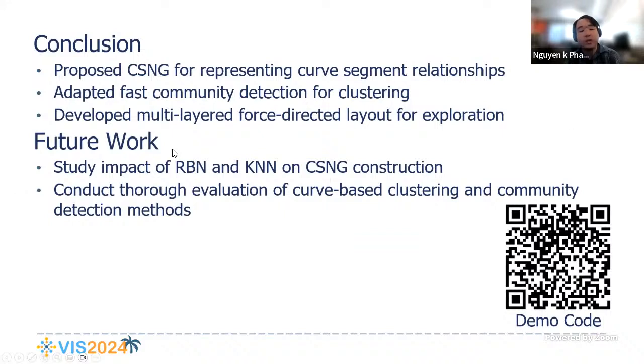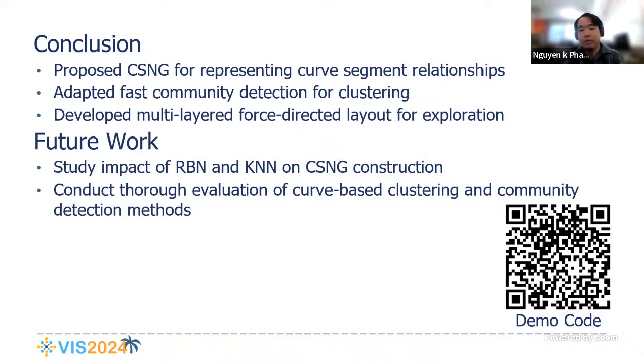So in conclusion, our work introduces the curve segment neighborhood graph as a novel approach to represent relationships between curve segments in flow visualization. We've adapted community detection algorithms for efficient segment clustering and developed a multi-layered force-directed layout for interactive exploration, including a web-based accessible web application.